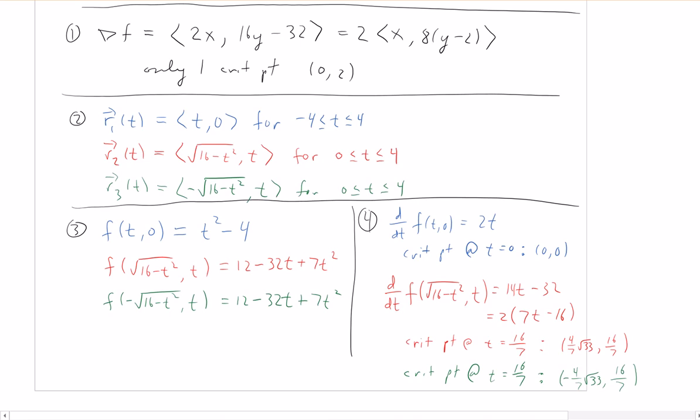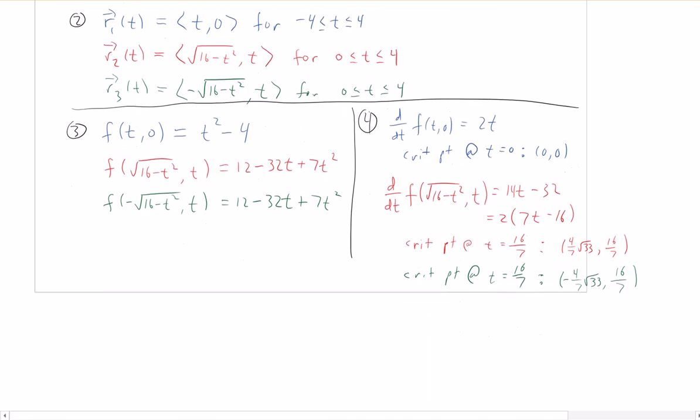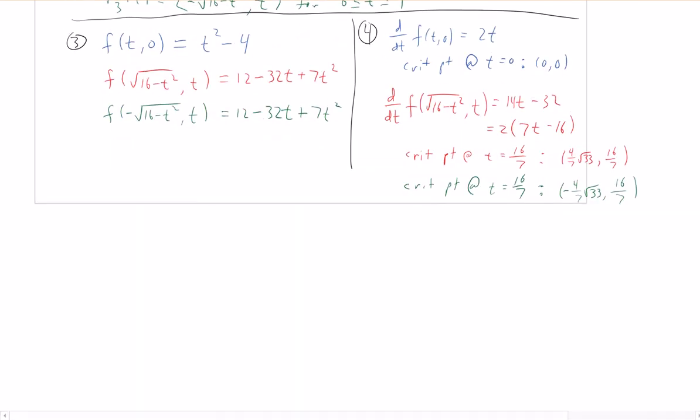So there's only one thing left to do, which I guess would be step 5, but I didn't number it. We need to list all of our points, and evaluate them, and just see which one is the biggest and which one's the smallest.